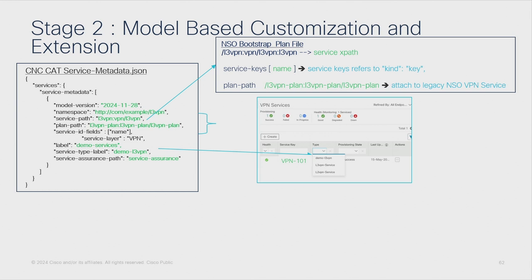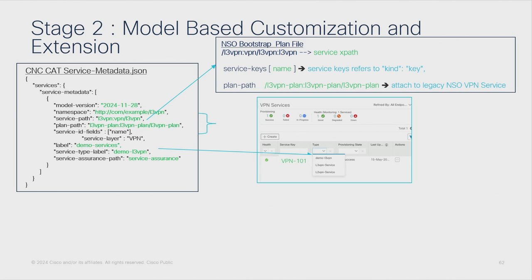An example here is the CNC service metadata.json that has the paths to the service, the plan, which is the plan notification intent from NSO, and your labels, which is how the CNC UI provisioning determines them, and what a service type label is. I mean, you could build your own type labels.